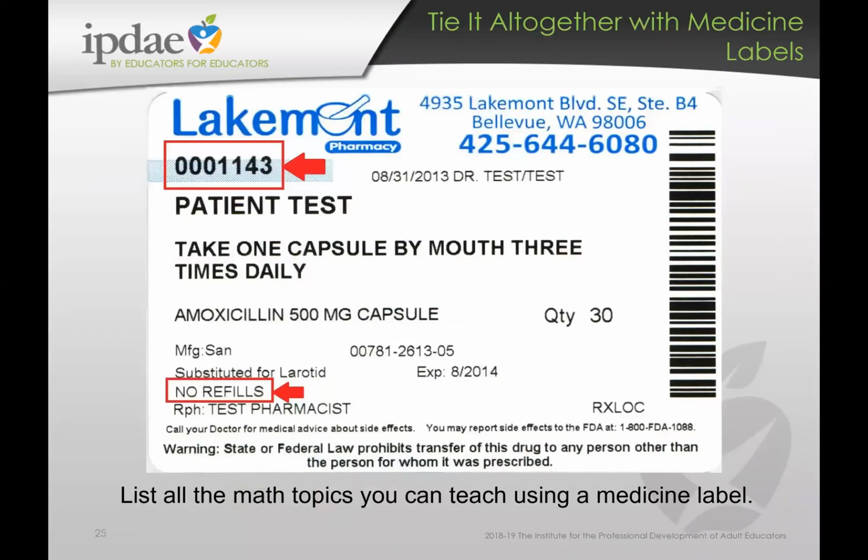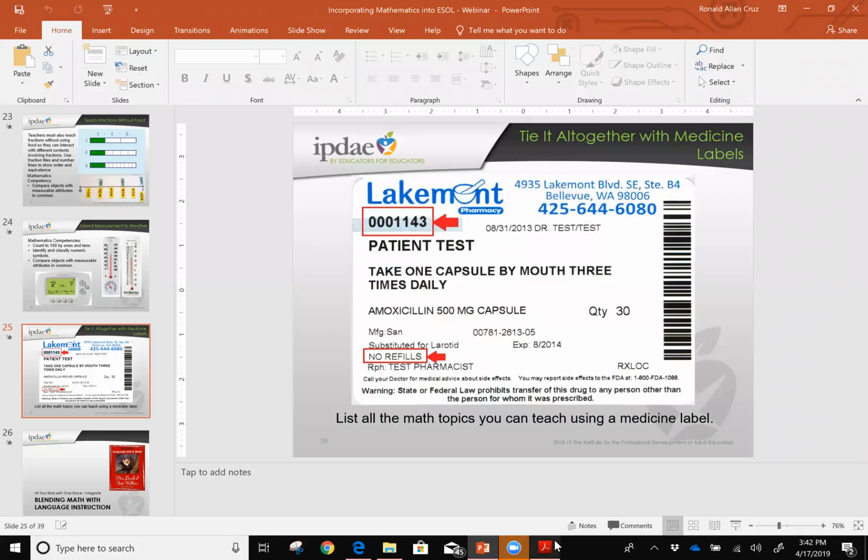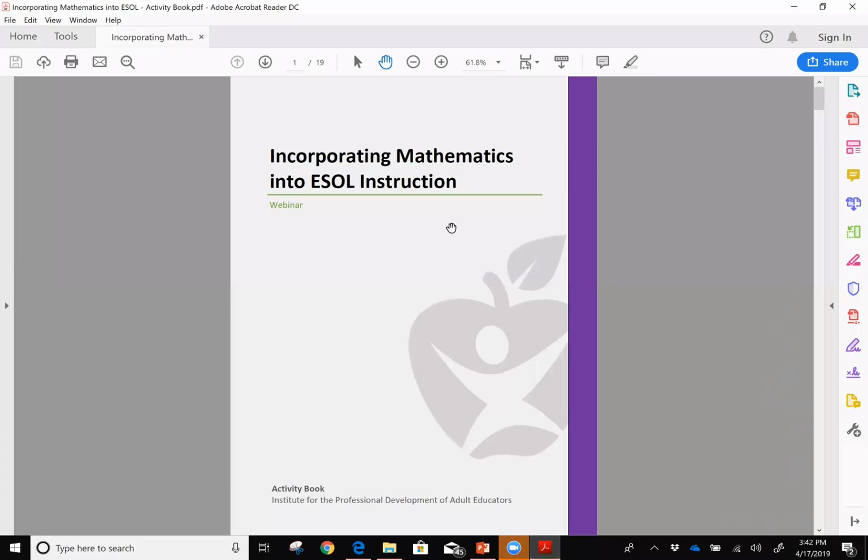Before we do this activity, I want to point out our workbook. You see all of these visuals that I have for you. You may think, oh, I like that, or I want to use that, and we have it all put together for you. When you log in to the webinar page of IFFT Day, where you downloaded the materials and the PowerPoint slides, you can also download the workbook that goes along with this webinar.